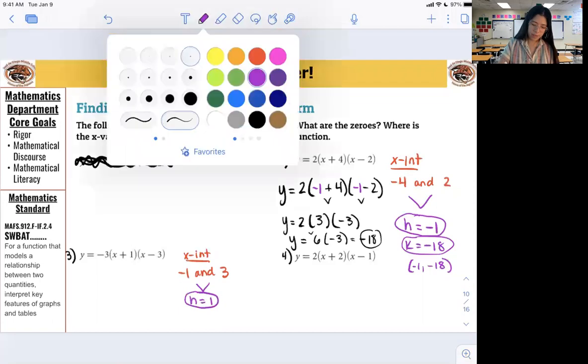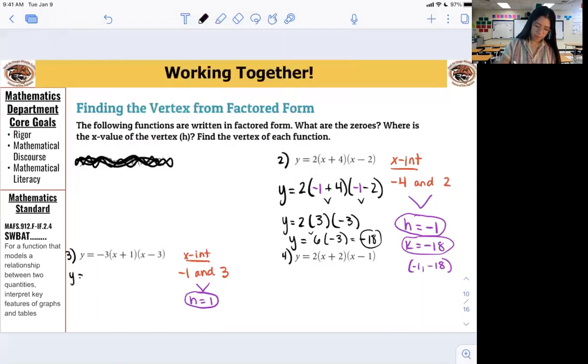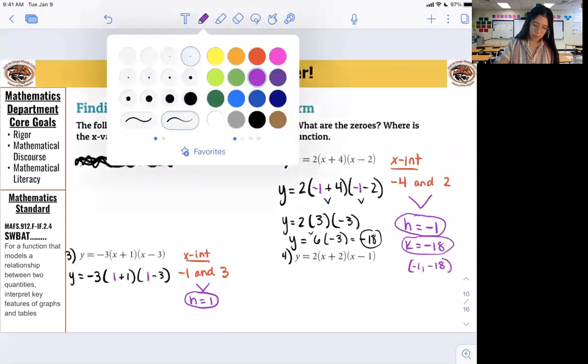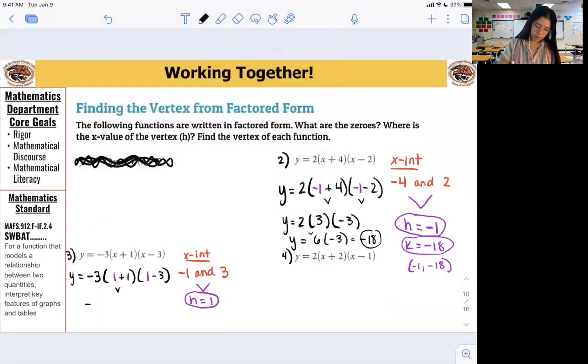Take that number, plug it in. Here's my 1. 1 plus 1 is 2. 1 minus 3 is -2. -3 times 2 is -6, and -6 times -2 is +12.